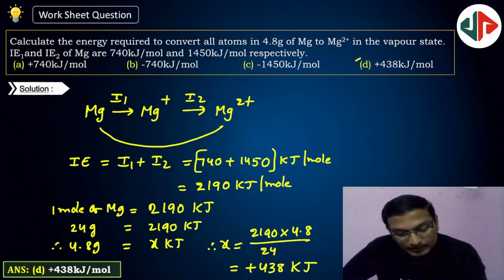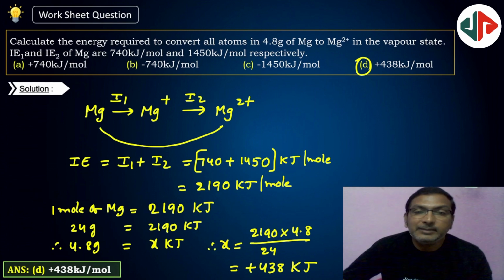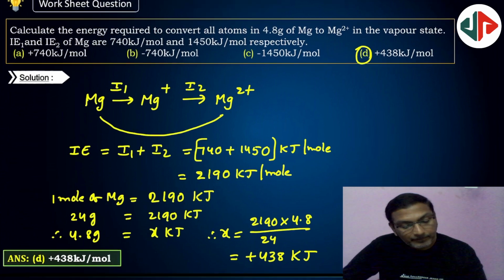So option D. So for the conversion of 4.8 grams of Mg to Mg2+, 438 kilojoules of energy is required. Next one.